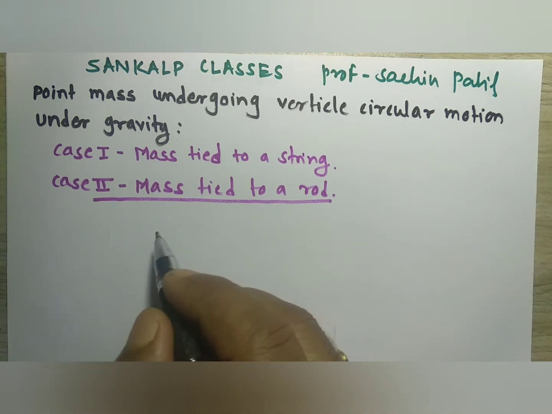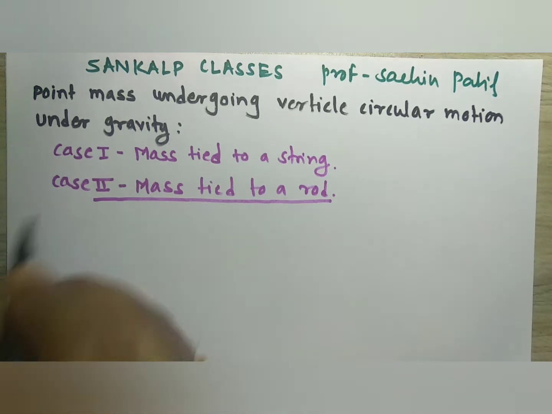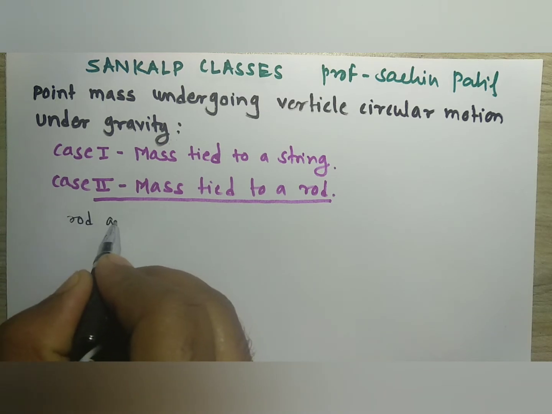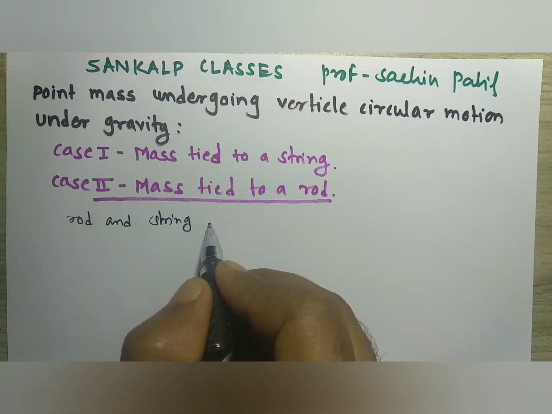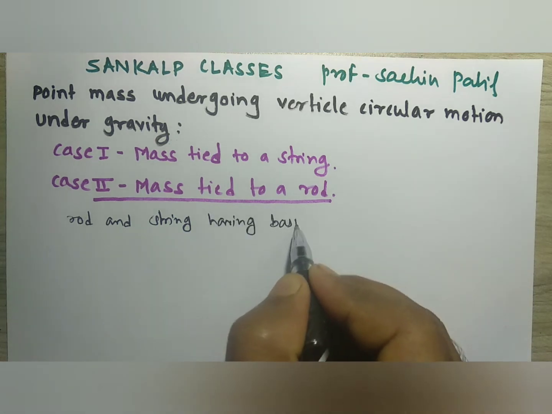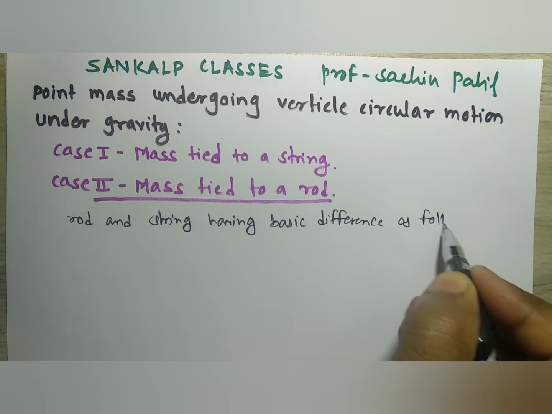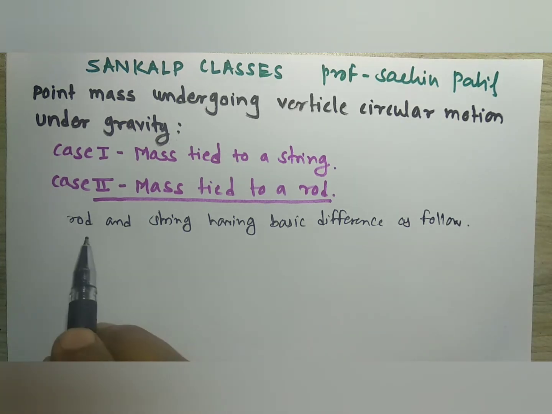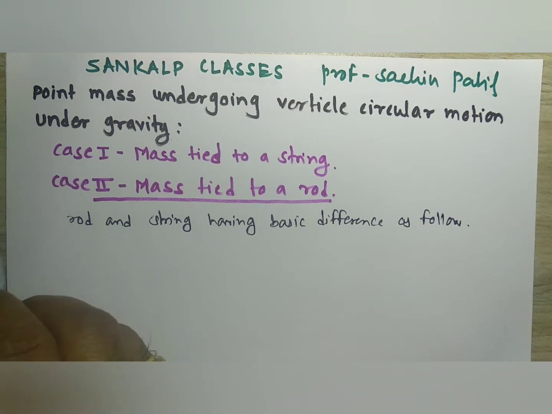Mass tied to a rod is practically equal to mass tied to a string, but there will be a basic difference between the two, the rod and the string. The string is flexible, but the rod is not flexible, and therefore we get a basic difference in vertical circular motion.